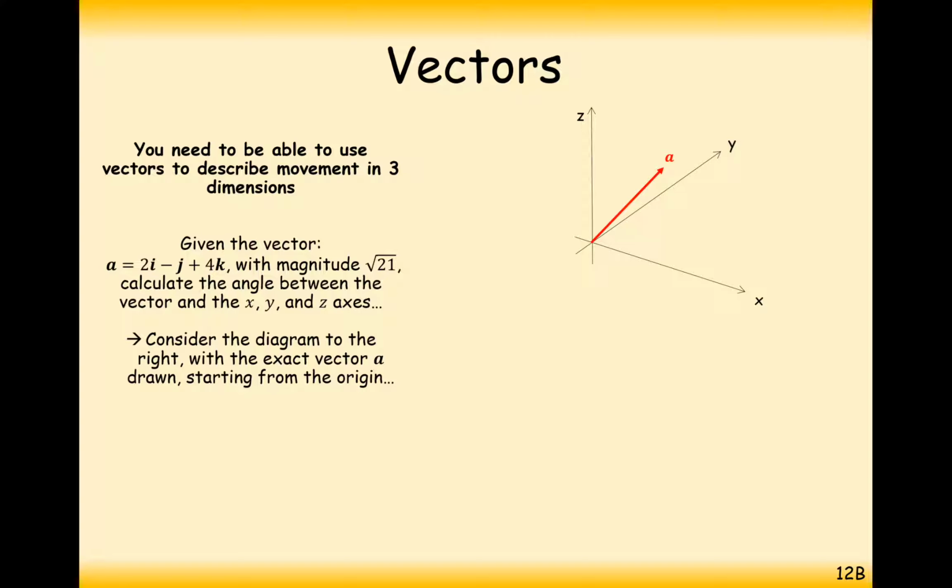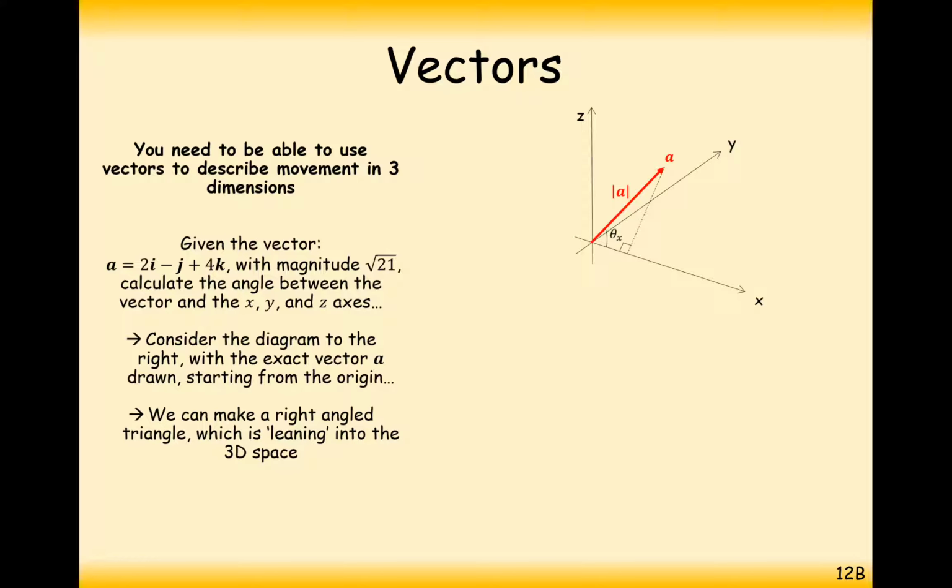So effectively what we've got here is this direction vector a, and we want to work out the angle between this vector and the x-axis. The letter we're going to use to represent this angle is theta subscript x. And there's a formula that we can show you for working this out.